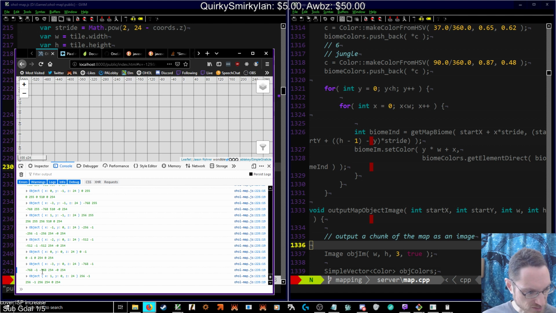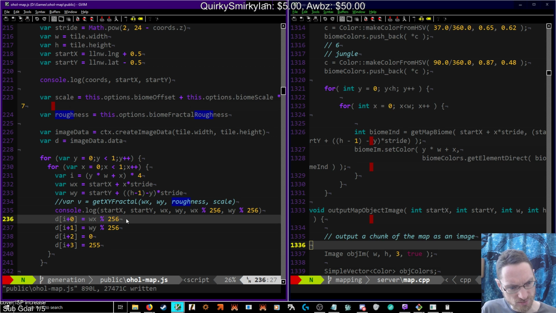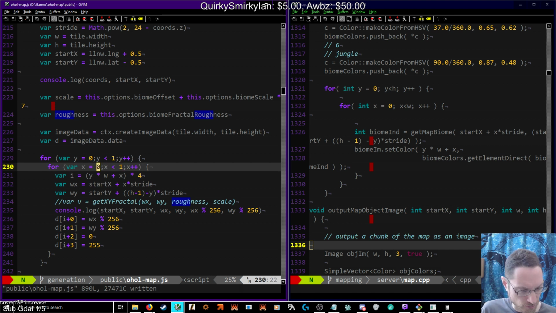If we go to x negative, negative 768, negative 768, negative 0. So why is it only the x? That gets hard cut down to, well, I kind of need to have middle values.